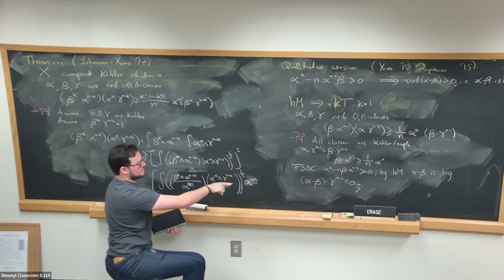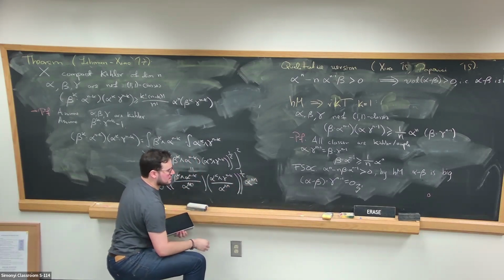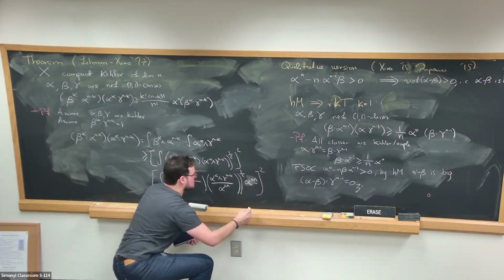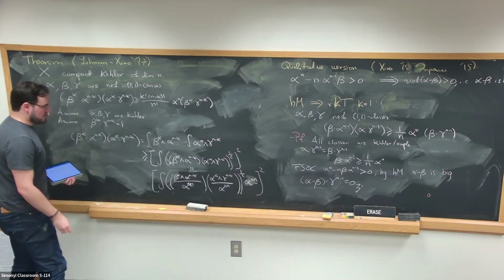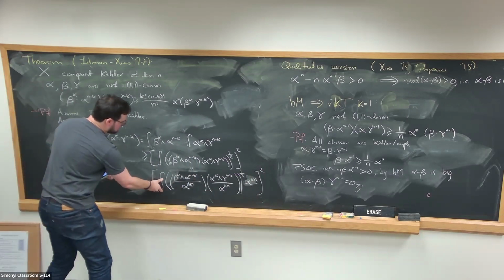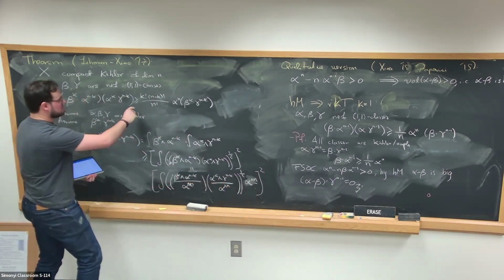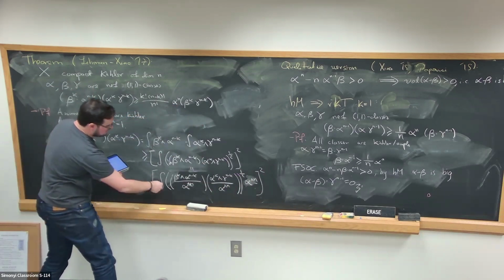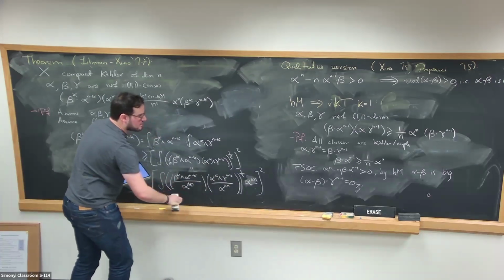So I'm just multiplying and dividing by some alpha to the n. And now from here, we observe that the integral of this guy is this end product. And so what we need to bound is this guy over here.